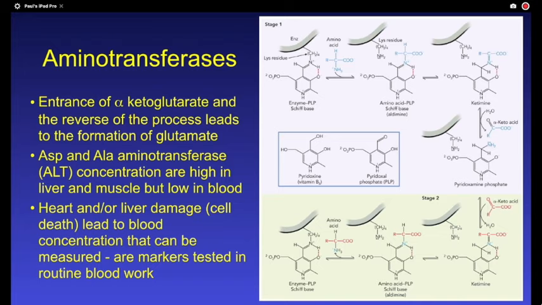So it's a two-step process. I bring in the first amino acid, I do a bunch of reactions, take the amine. Let that carbon go out, bring in another, usually alpha ketoglutarate, react it with the nitrogen, and after everything's done, a new amino acid roams out, most of the time glutamate. And I'm ready for another round. Complex reaction, but this has to run a lot when we are degrading amino acids.